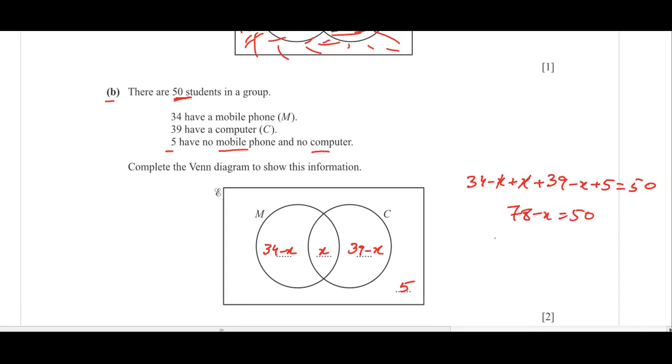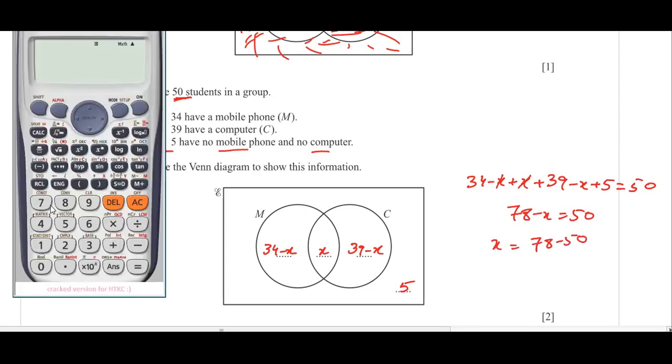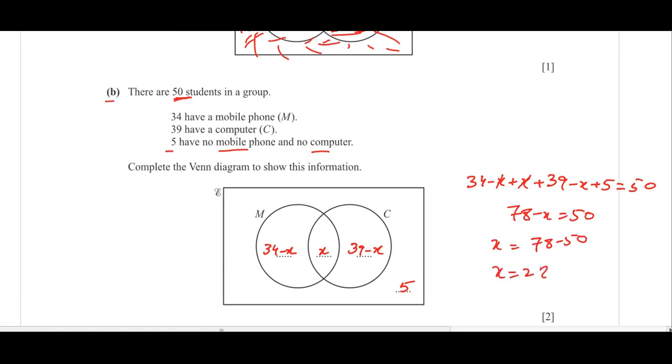To find X, X will be 78 minus 50, which gives 28. So X is equal to 28. Now you can replace it accordingly. Here will be 28, 34 minus 28, remaining 6 here, 39 minus 28, 11 will be here. So we completed our Venn diagram in this way.